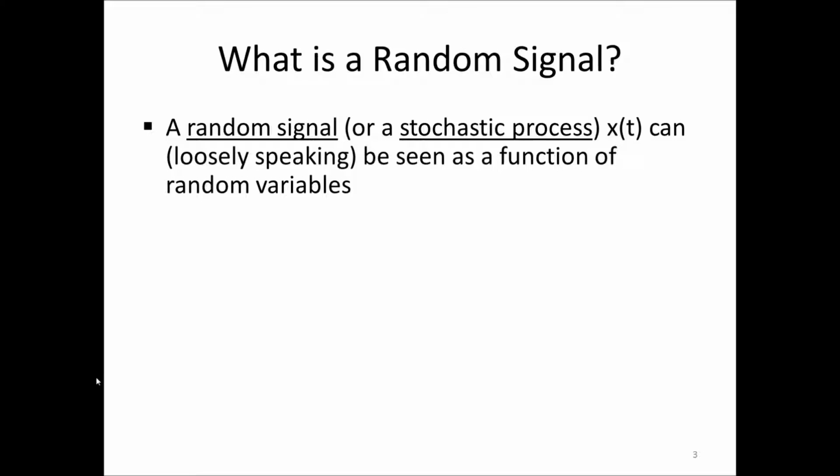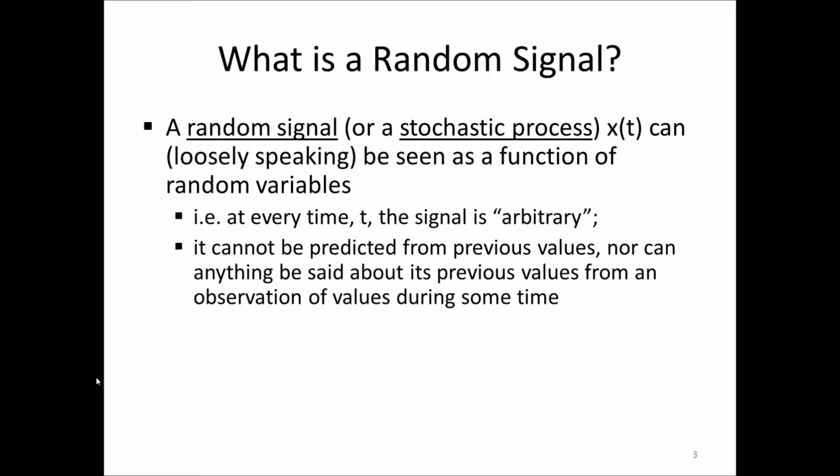Let's start by defining a random signal. A random signal, or a stochastic process x of t, can, at least loosely speaking, be seen as a function of random variables. This means that at every time t, the signal is arbitrary.